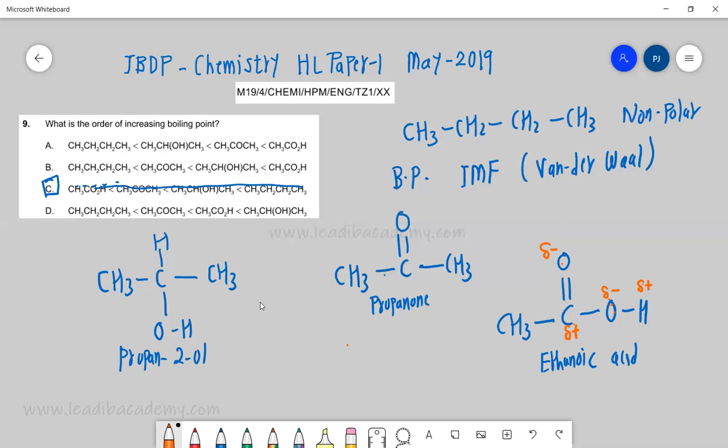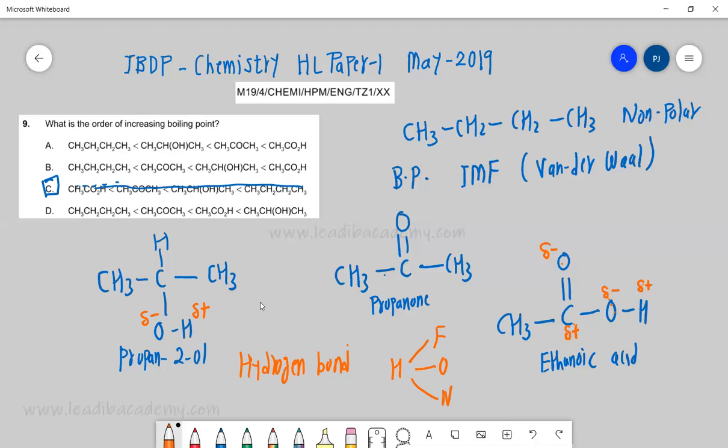While in the case of propanol, there is definitely a possibility of hydrogen bonding, because hydrogen bonding means whenever hydrogen is attached to FON, the three most electronegative atoms in the periodic table. In this case it is attached to oxygen, so definitely hydrogen bonding is possible.